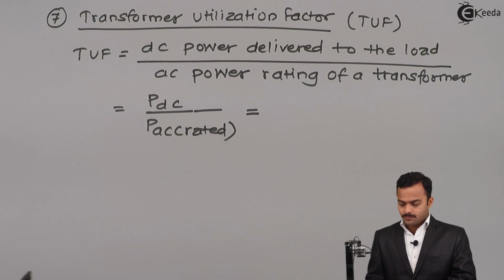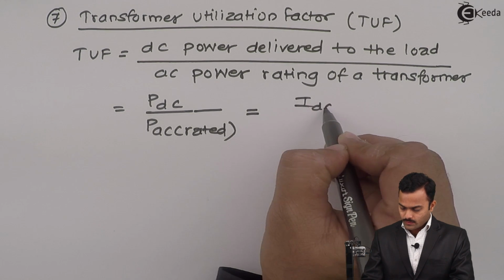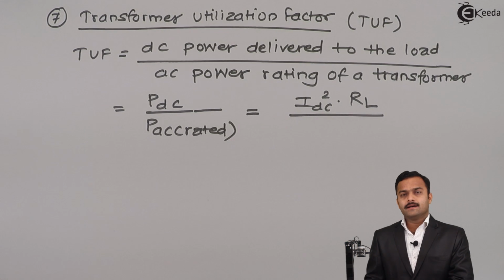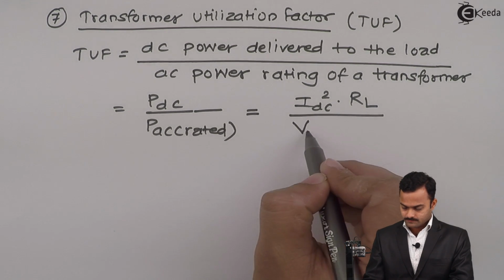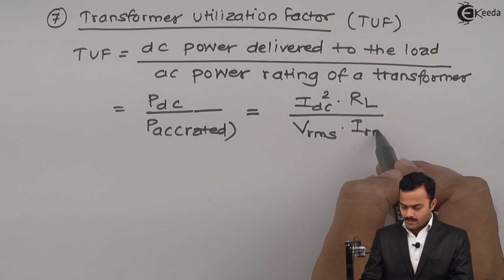We have calculated PDC as IDC square multiplied by RL, and AC power rating of a transformer will be Vrms multiplied by Irms.